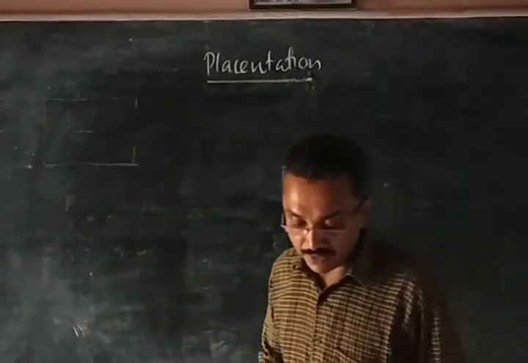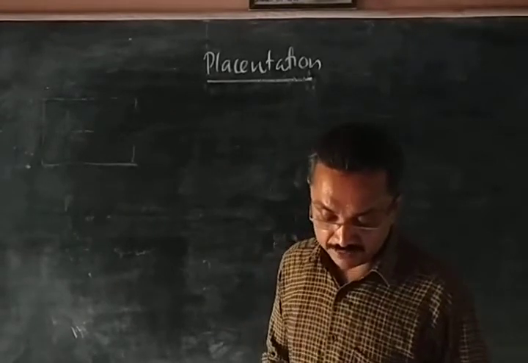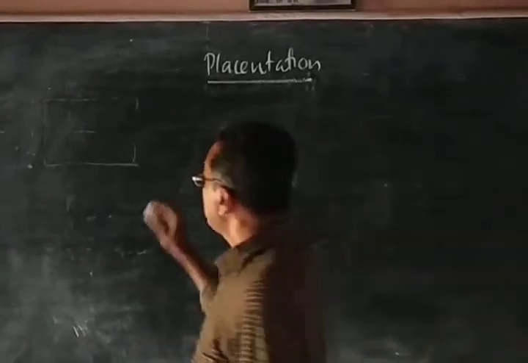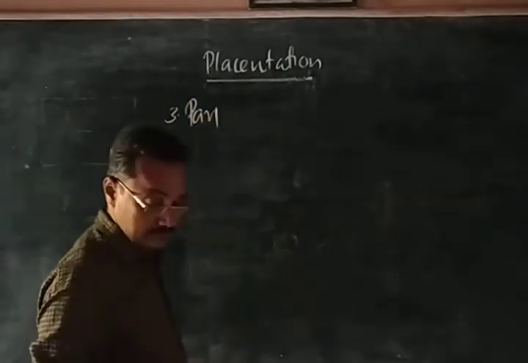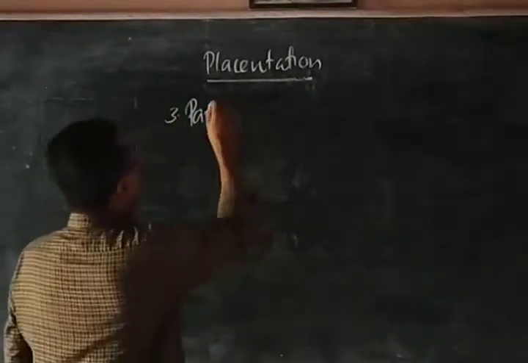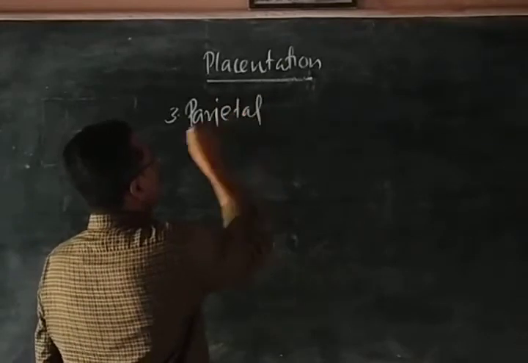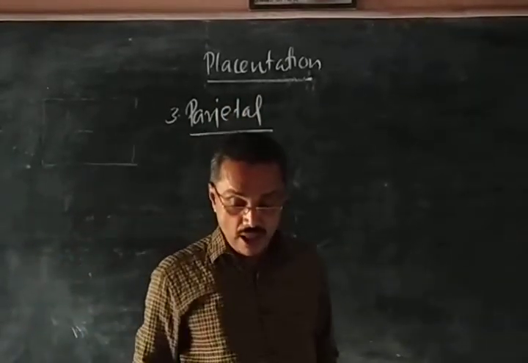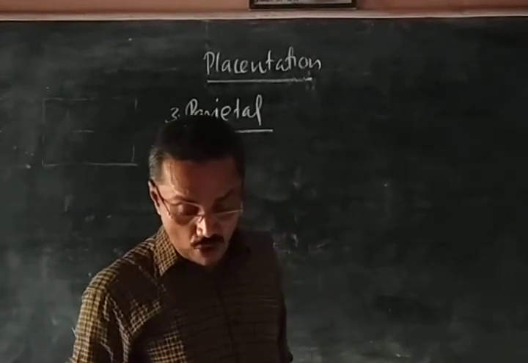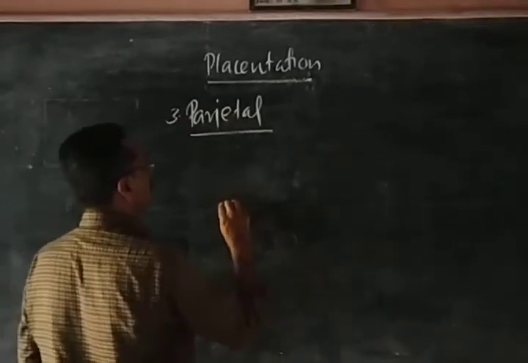And the third one, parietal placentation. P-A-R-I-E-T-A-L. Parietal placentation means ovules are present on the inner wall of the ovary, like this.